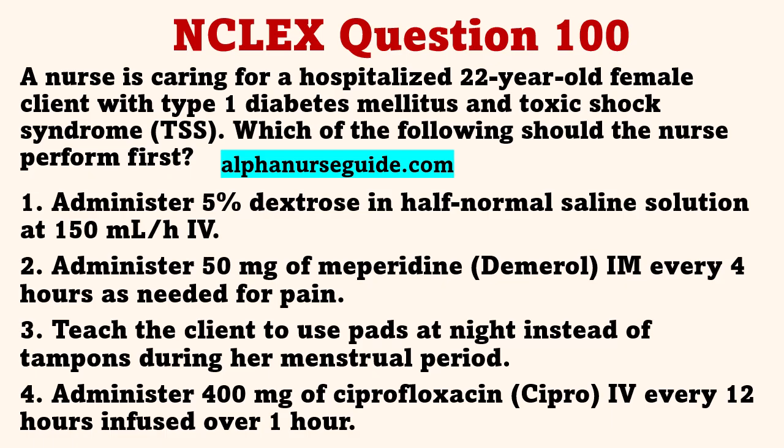The fluid replacement is critical to avoid circulatory collapse. Pain medication and teaching can be implemented later. Antibiotics will be given because toxic shock syndrome is caused by a staphylococcal infection. However, fluid replacement is initiated first to treat life-threatening hypovolemic shock.